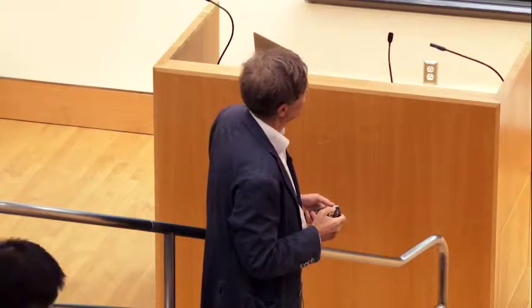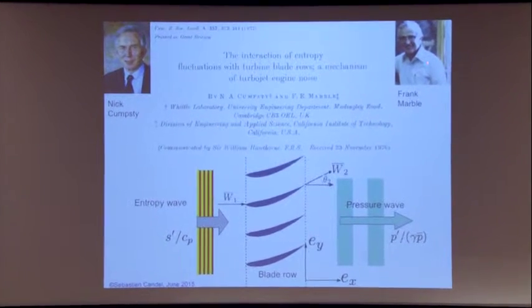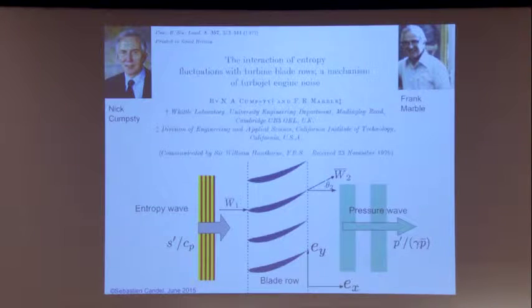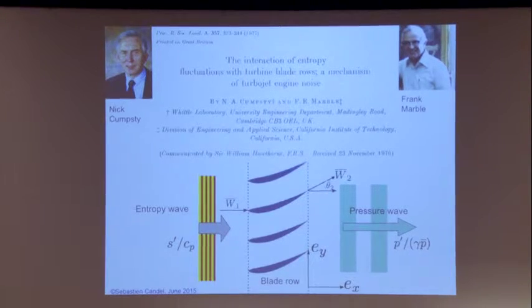But afterwards, I go back, and what you really want is to evaluate this idea. I remember that Frank and Nick Cumpsty in Cambridge did a very nice piece of work where they study the entropy wave entering a blade row and producing pressure waves. It's a continuation of the idea of entropy waves interacting with nozzles to produce pressure waves.